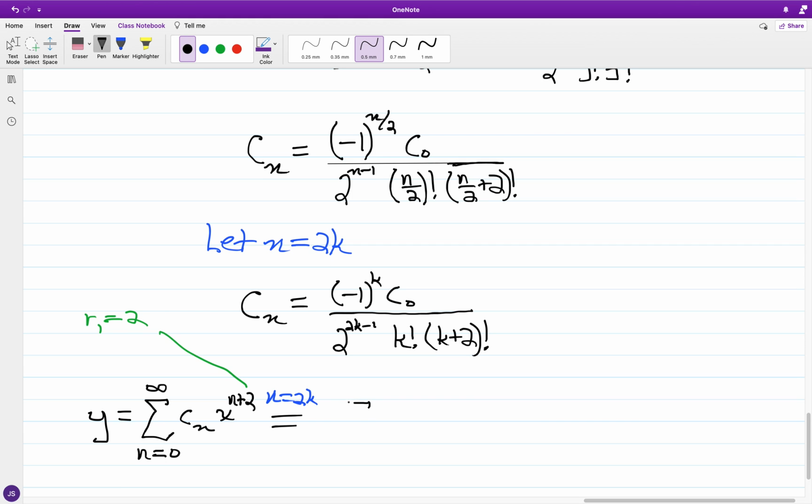Okay, so letting n be equal to 2k, we have the summation as k goes from 0 to infinity. In fact, this is going to be a little bit ahead of myself, so that's going to be c of 2k. So I have c of 2k times x raised to the 2k plus 2 power.